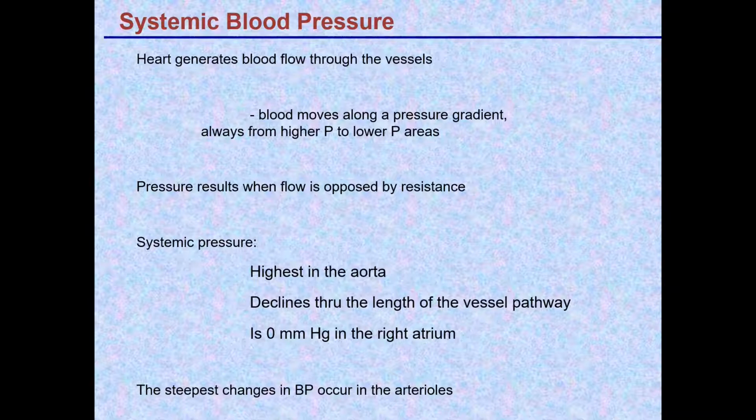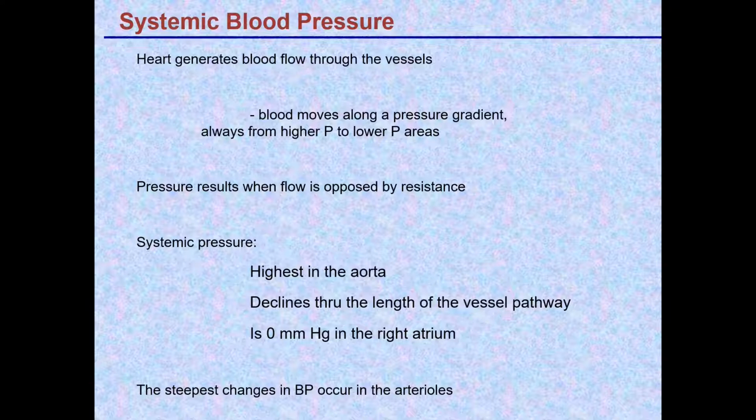The systemic pressure overall is highest in the aorta, right after the heart, where the most pressure is generated. And then it declines as you move along the length of the vasculature until you finally get to the blood returning to the right atrium of the heart, where the blood pressure is essentially zero.